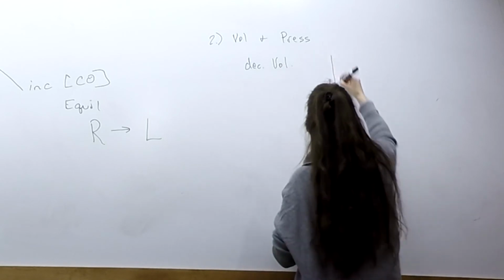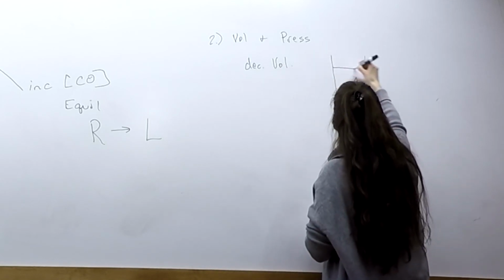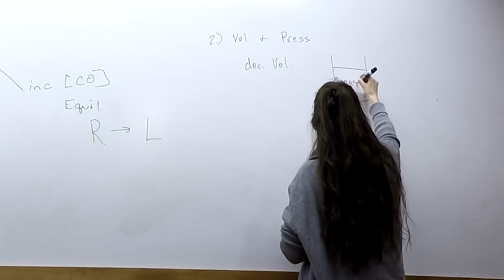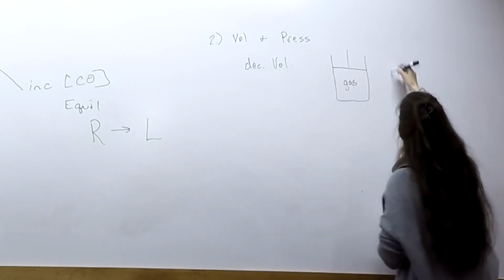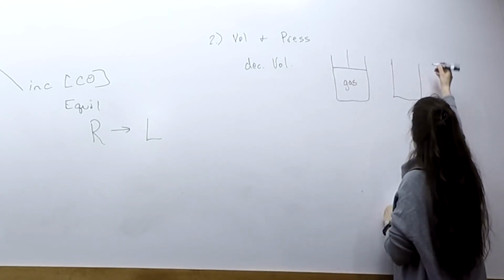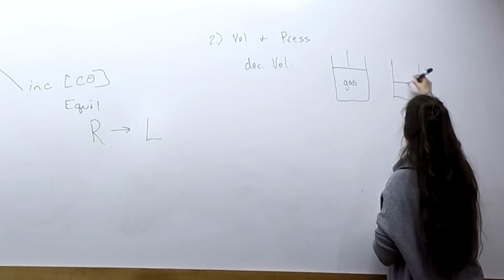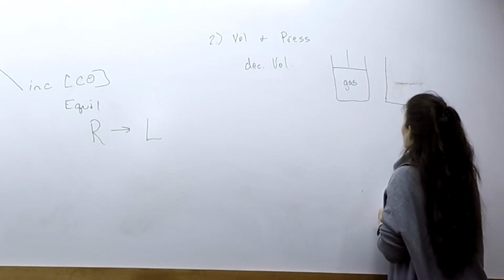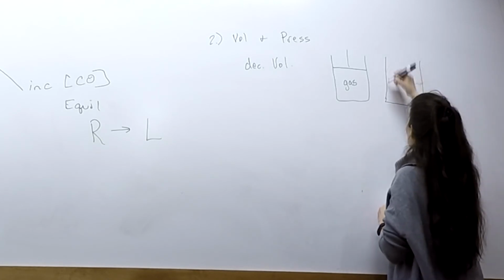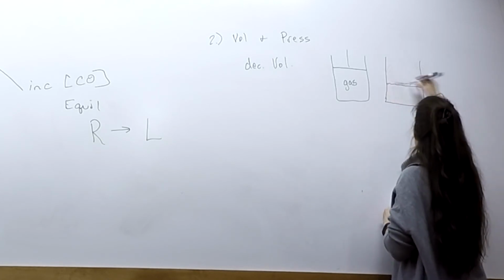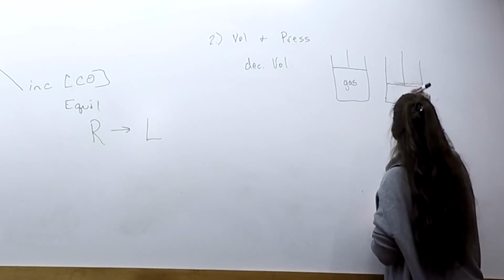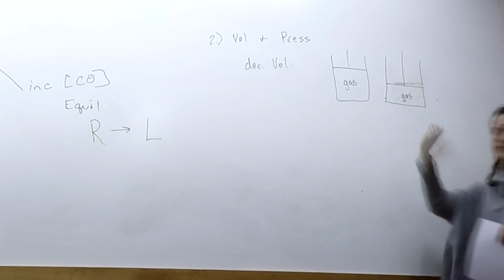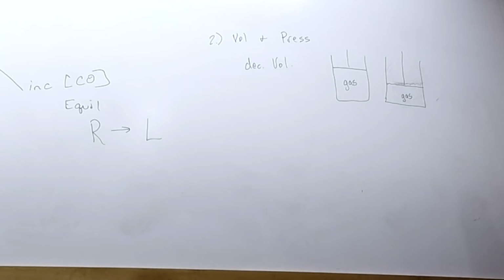So we're going to have a closed container that has a gas in it. And again, there's our piston, so we're going to push that down. Let me see if I can make these equal sizes. Nope, failed miserably. Oh well, you'll see the point. Okay, so we're going to decrease the volume. We're going to push down on that thing.